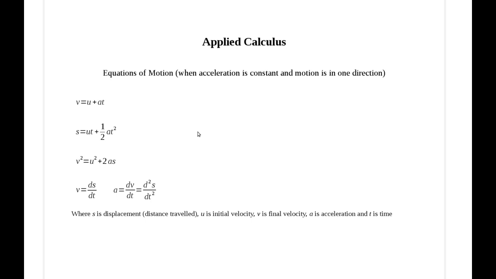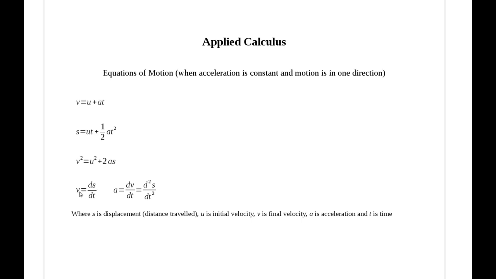Now with differentiation, the interesting thing is that if we've got displacement and we differentiate it in relation to time, that will give us the velocity. So if we differentiate the displacement, the gradient it finds is equivalent to the velocity.